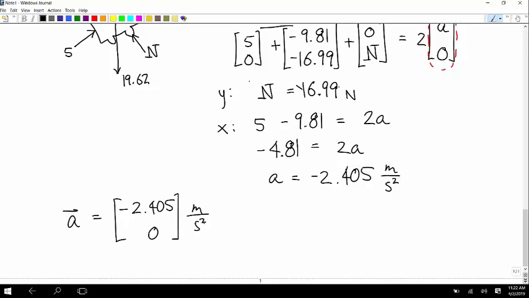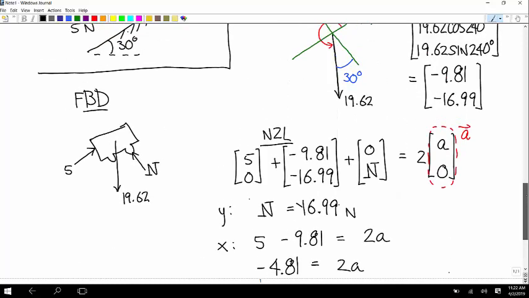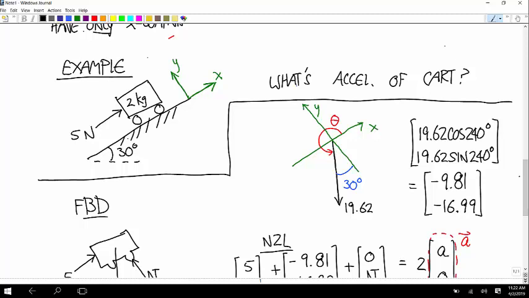So is its acceleration up or down the ramp? Down the ramp. Do we know whether it's speeding up or slowing down? We don't. We need one more bit of information in order to know that. We'd have to know which direction it's moving. So it turns out that no matter what the velocity was at this instant, whether it was moving up the ramp or moving down the ramp, the acceleration is the same.